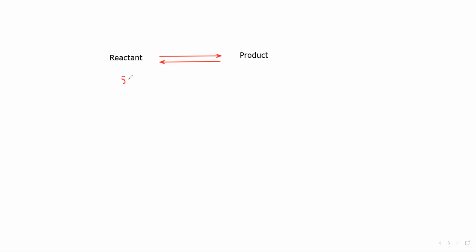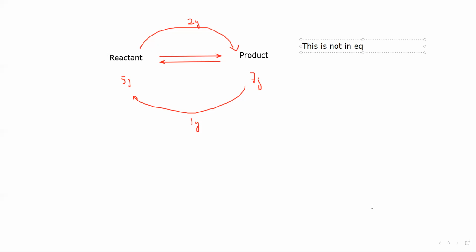For example, 5 grams of reactant was there and 7 gram of product is there, and what you observe, out of 5, 2 gram is forming a product, but out of 7 only 1 gram is decomposing. So this is not in equilibrium. So where is the equilibrium shifted? Equilibrium is shifted towards right hand side or forward.